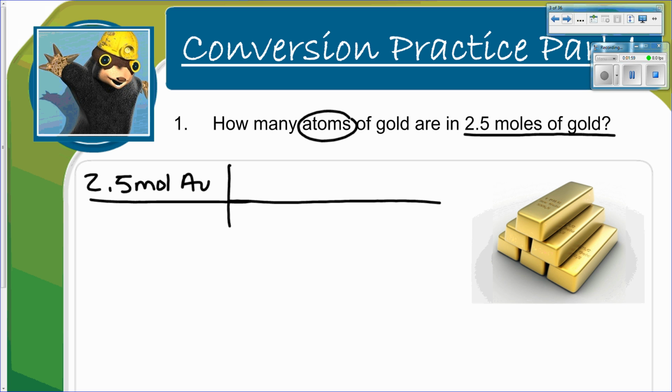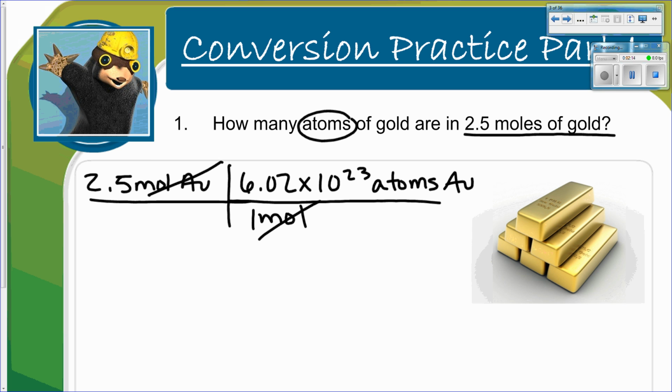You wouldn't, that would be a huge number of pencils. But in this case, 1 mole is going to be the equivalent of 6.02 times 10 to the 23rd atoms of gold. Cross off our units, and when we work it out, we get 1.505 times 10 to the 24th.